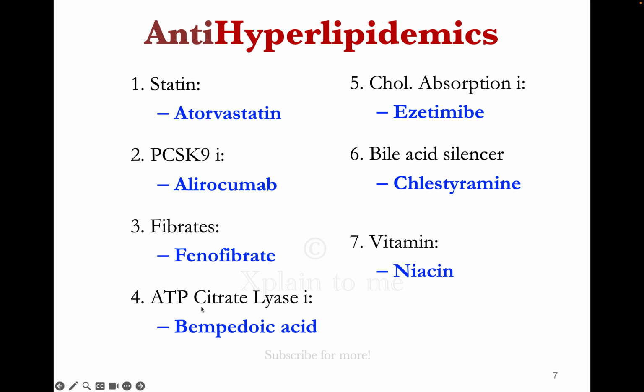So the ACL enzyme and the statins' HMG-CoA enzyme are both involved in cholesterol synthesis. Therefore, if you combine statin with an ACL inhibitor, that is atorvastatin with bempedoic acid, that is called sequential blocking. Okay, just to understand that.